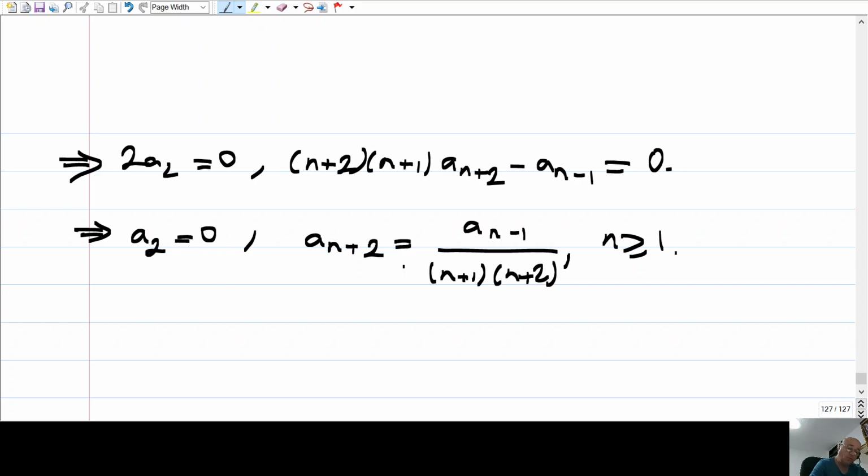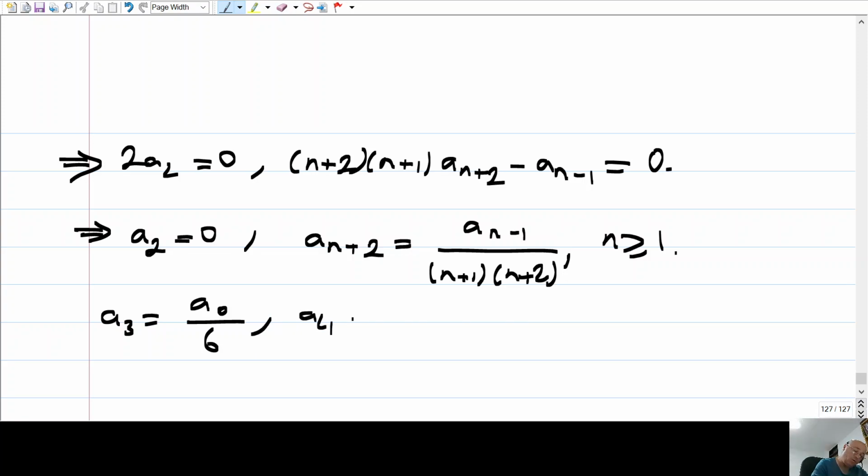So for n equals 1, I get a3, and when you plug in n equals 1, I get a0 here, divided by 2 times 3, so it is 6.